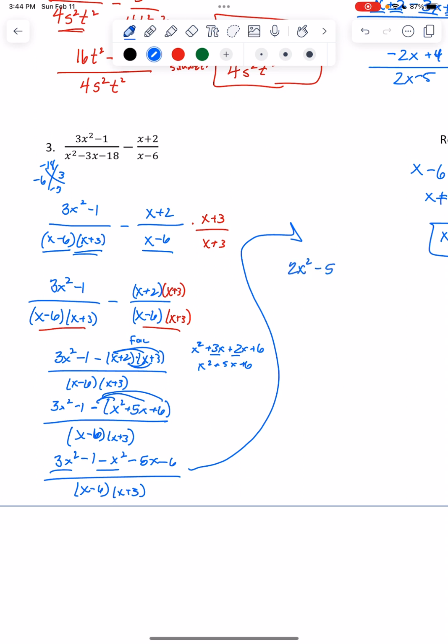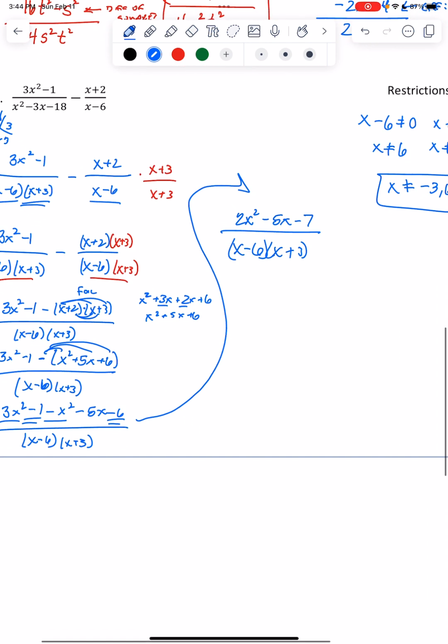And then we got minus 5x. Negative 1 minus 6 is negative 7 over x minus 6, x plus 3. Okay, so we've got that.